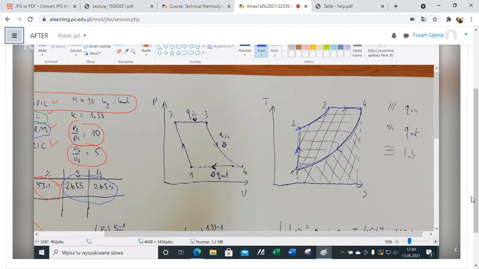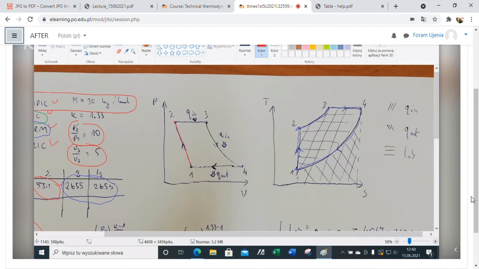Yes? The same in the PV diagram will look like that. Okay? From point number 1, the pressure increased to point number 2.